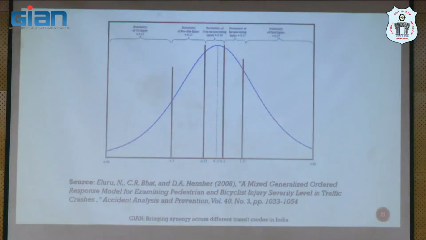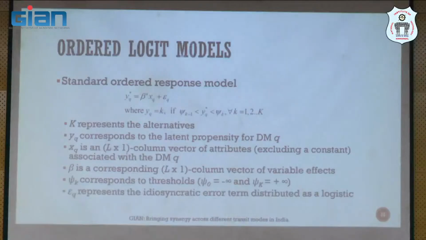In that case, we can allow for a random parameter for the effect of speed limit, so that it can be lower for some locations and higher for others, following that distribution. Everything that we talked about in the mixed logit space is directly applicable in an ordered response model also, and we can modify an ordered response model to create what is called a mixed generalized ordered response model that allows for variation.